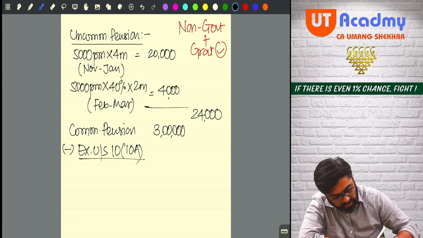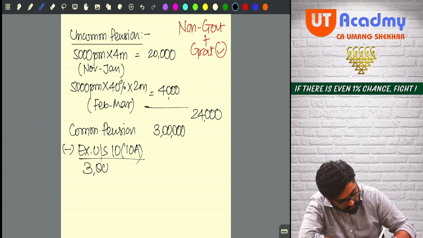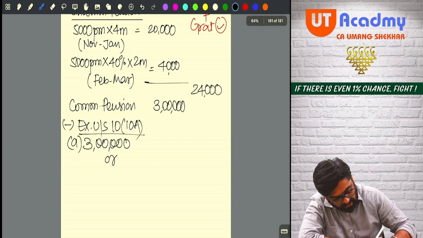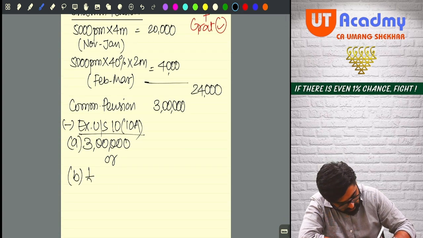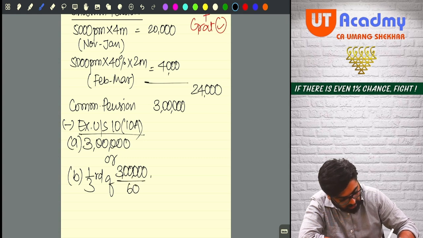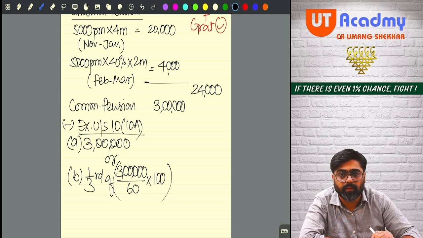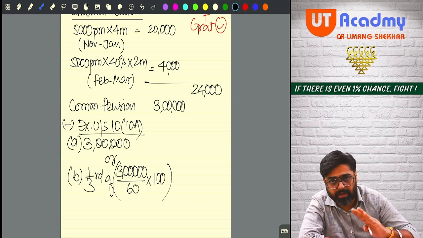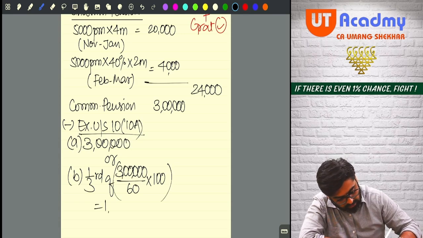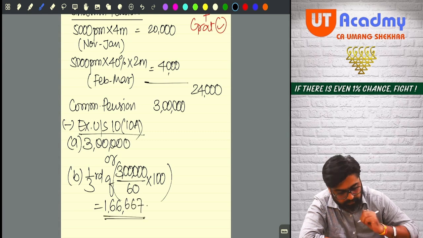Now the exemption will be A, either the commuted pension amount, or B, maximum one third of fully commuted pension. If 3 lakh is received by commuting 60%, how much will he receive on commuting 100%? 5 lakhs. 5 lakhs divided by 3, he is going to get how much? 1,66,667.